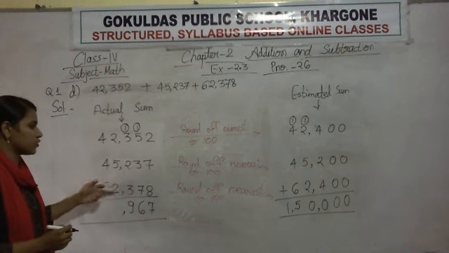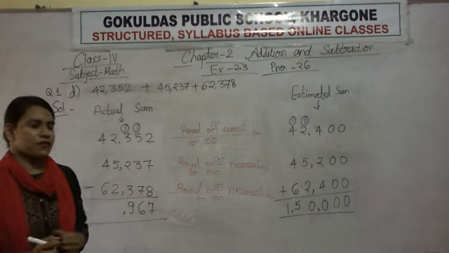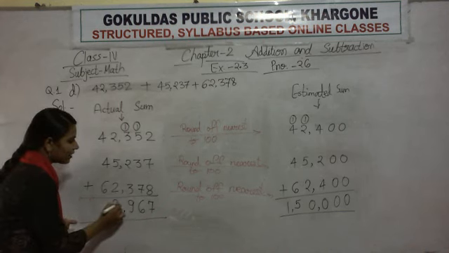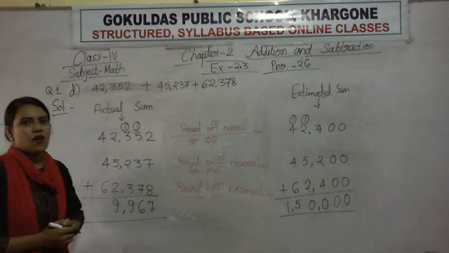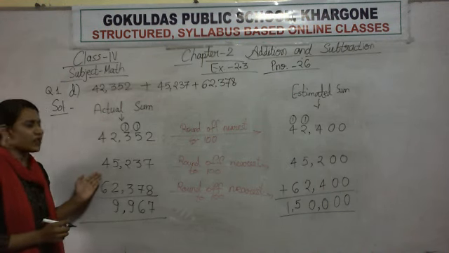2 plus 5 plus 2. 2 plus 5 is 7. 7 plus 2 is 9. So write 9 over here. Now add the digits of the last column. 4 plus 4 plus 6. 4 plus 4 is 8.